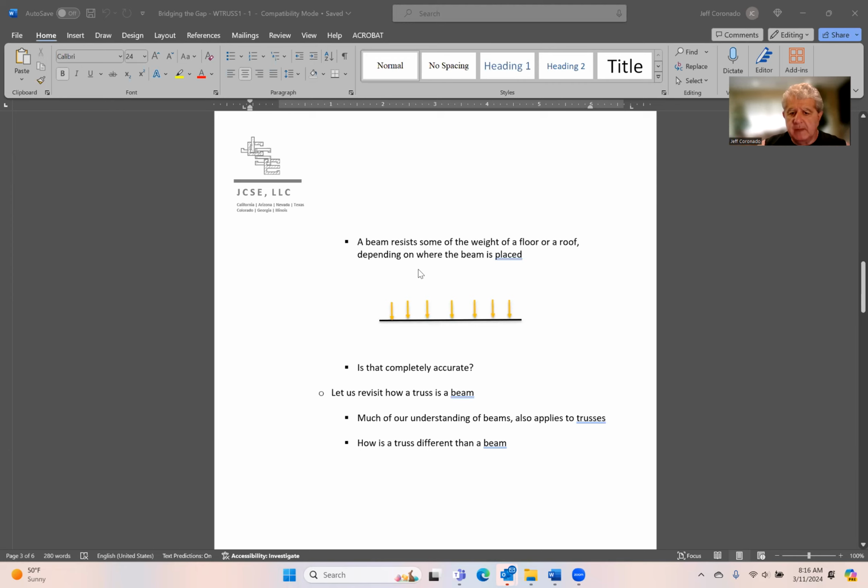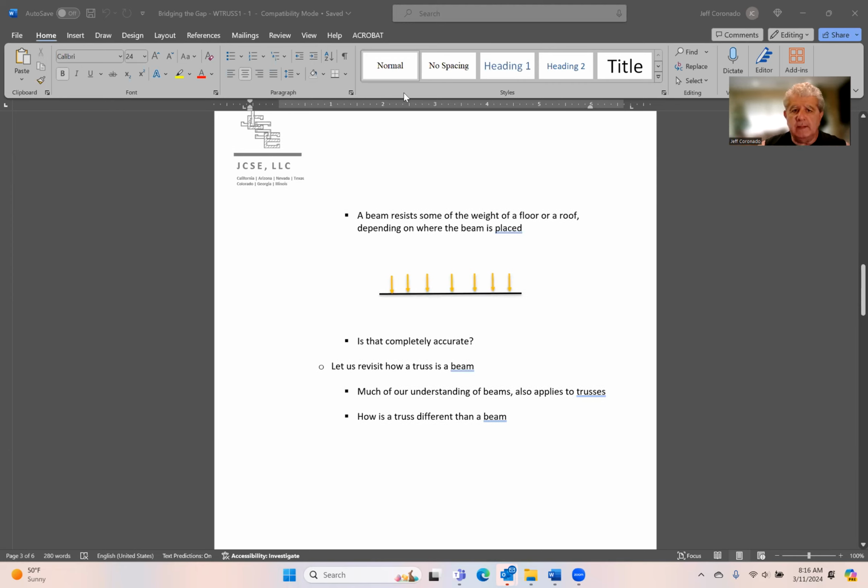The second aspect of a beam is that it resists some of the weight of a floor or a roof, depending on where the beam is placed. If it's part of the floor framing, it resists some of the floor weight, and that constitutes a beam. Likewise for a roof. That's depicted here with these gold arrows. Those are forces acting downward, the way the force due to weight acts.